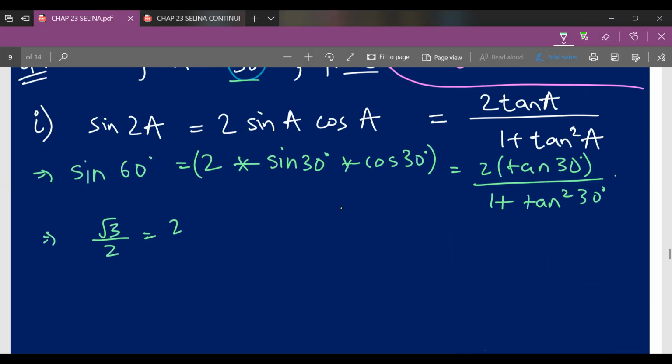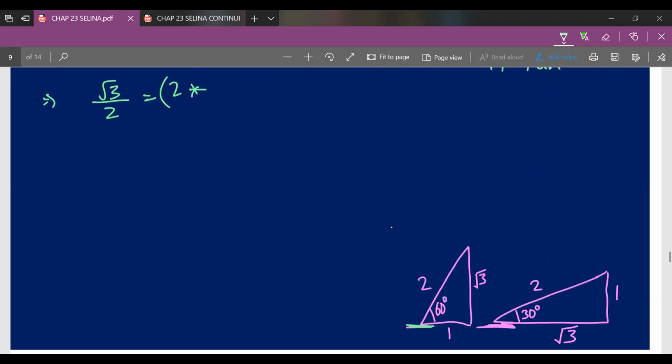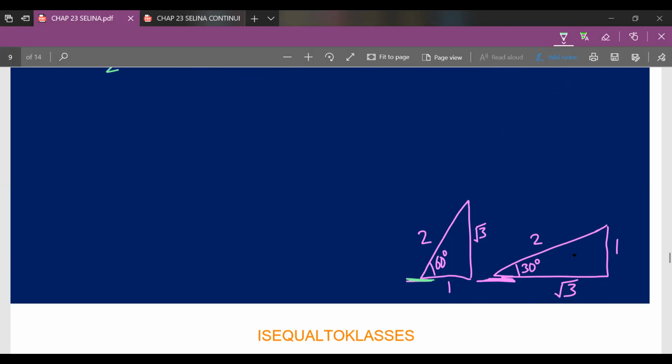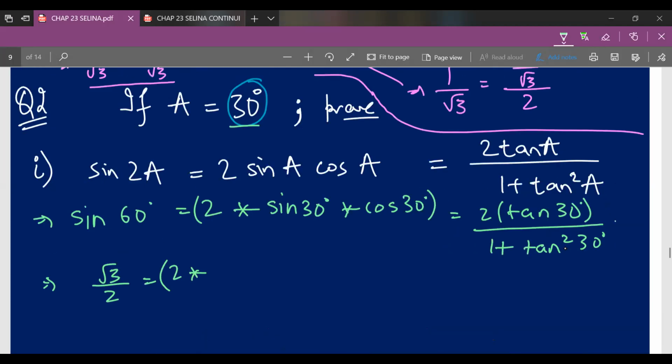Now over here, we'll measure our magic triangle of 30 degrees, and it should be towards the ground. So sine 30 degrees basically means that with respect to angle 30 degrees, sine 30 degrees will be 1 upon 2. So over here I'll just write down the answer, into cos 30 degrees.